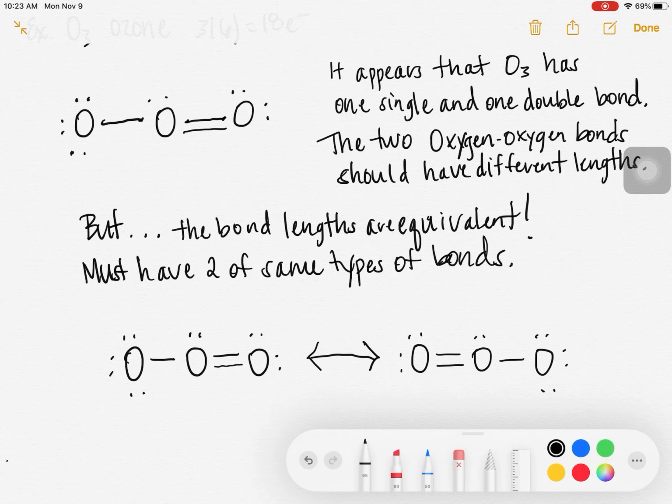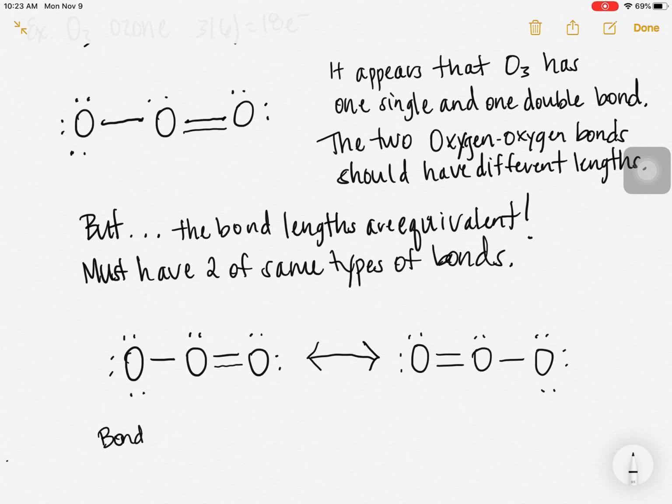So what they were able to say was that they could calculate something called a bond length by taking how many bonds are in my picture, and there are 3, so 1, 2, 3, divided by how many places those electrons can resonate, which is 2. And they get a bond length of 1.5. So what we're saying is that this bond here and this bond here really aren't double and single bonds. They're really a bond and a half, and same with this here and this here. And if they're both a bond and a half, then their bond lengths would be the same.